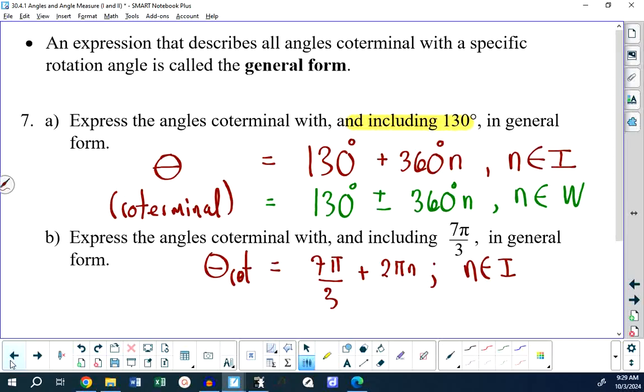So n has to be an integer. Because I'm saying integer, I'm including the plus or minus in here. Integers include 0, so I'm going to get 7 pi over 3, and the question says we need to include 7 pi over 3. You don't need to simplify this, we're done. If you wanted to, you could put plus or minus and then say n is a whole number. That's it.